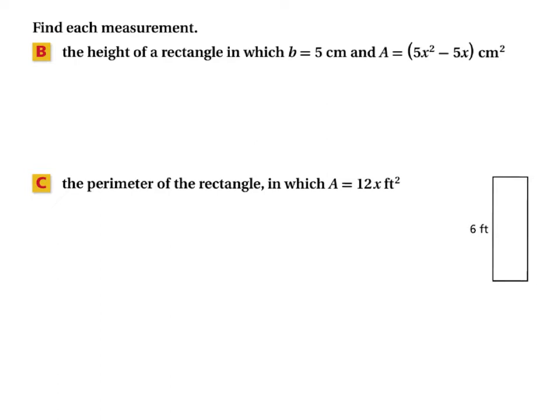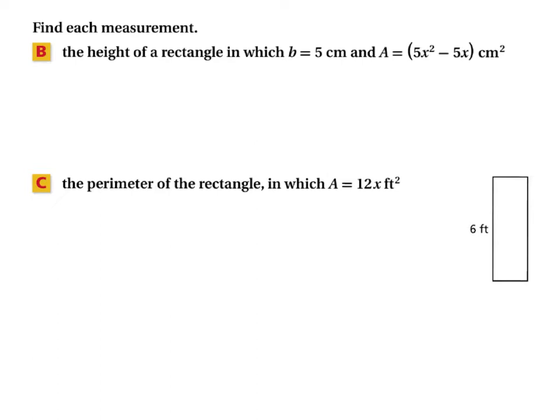So let's look at example B. How would you find the height of a rectangle that has a base of 5 and an area of 5x squared minus 5x? Well, the first thing I'm going to tell you is this. You should be able to figure that out pretty easily, knowing that base times height equals area.